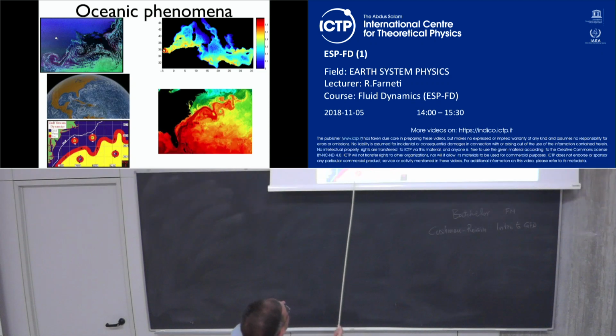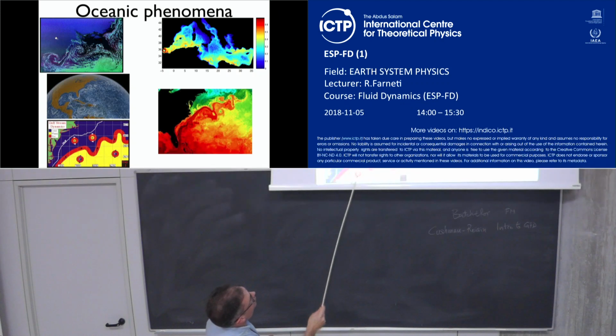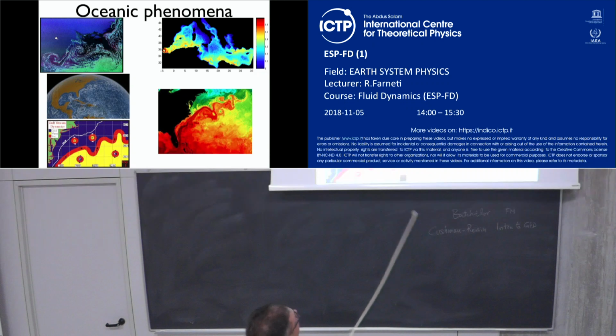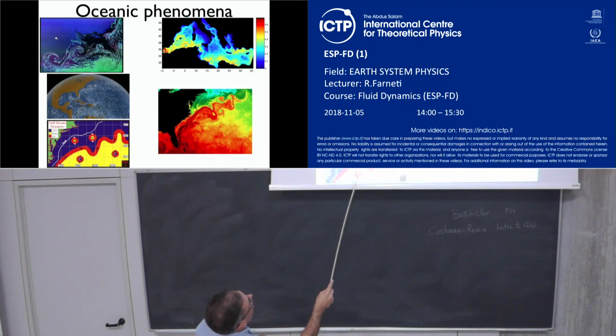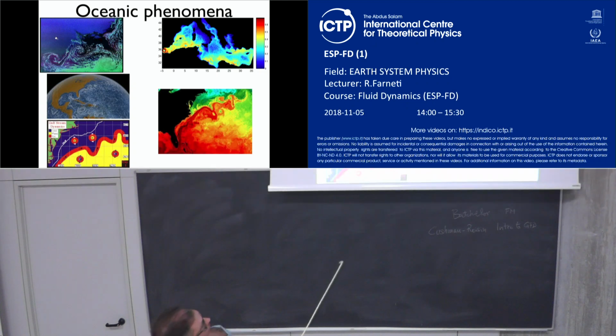Another example is the surface circulation of the ocean. White is surface speed. So you see all this white current here. This is called the Gulf Stream. Maybe some of you have heard of it. It is a very fast current on the western side of the Atlantic Ocean, and all those circular patterns are due again to instabilities in the ocean, and the size of those circular patterns is determined by the latitude and the structure and the stratification of the ocean.